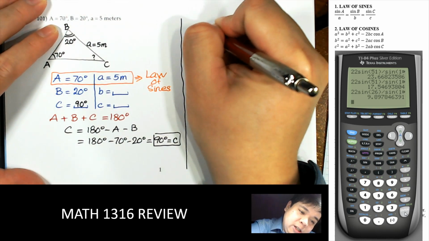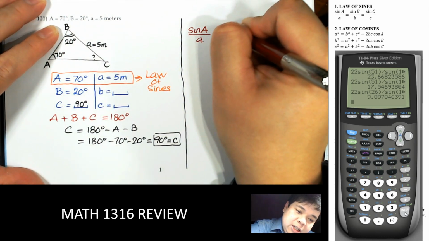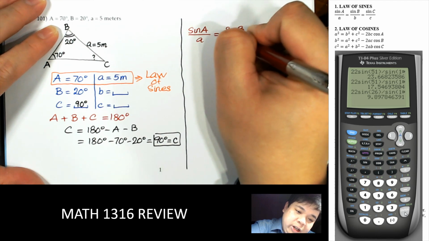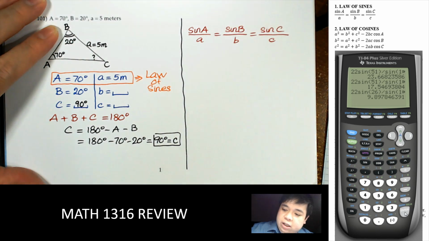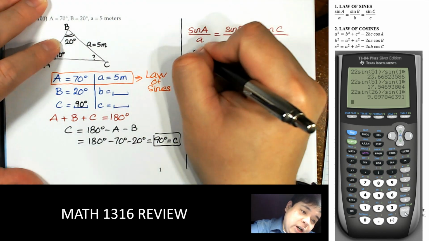Sine A over little a, sine B over little b, sine C over little c, and put in everything we know.